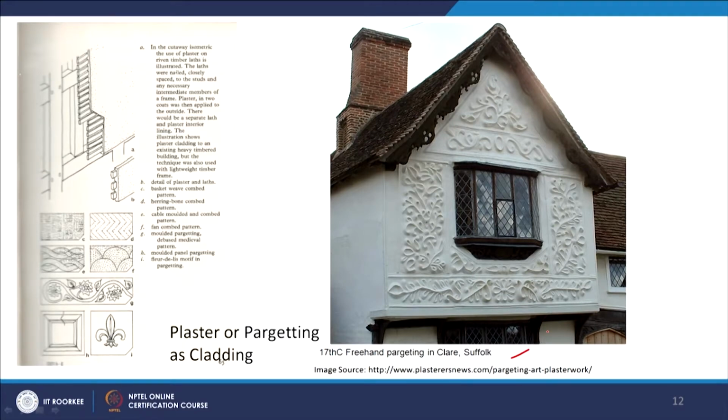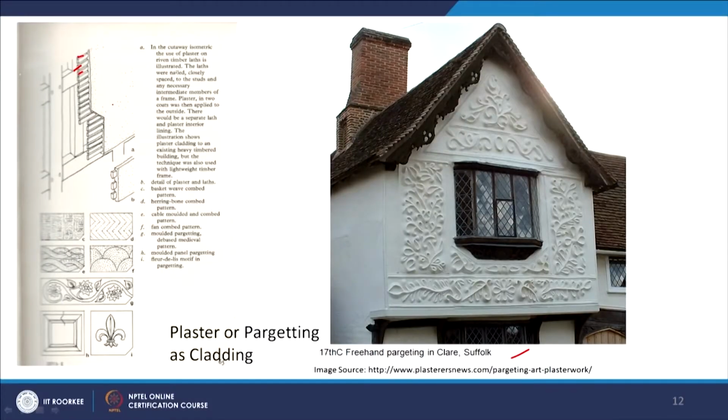What they do is they have laths made very closely spaced to the studs, maybe about 5 centimeters, 50 mm I can say. Then they keep the laths or the battens onto it, also closely spaced to the studs and any necessary intermediate members, because if it is continuous they might add intermediate vertical members too if needed.